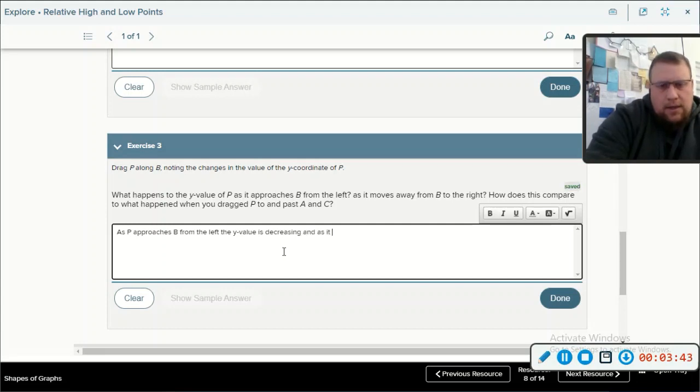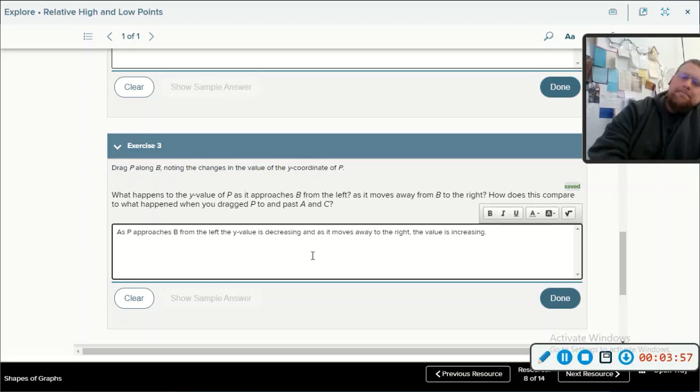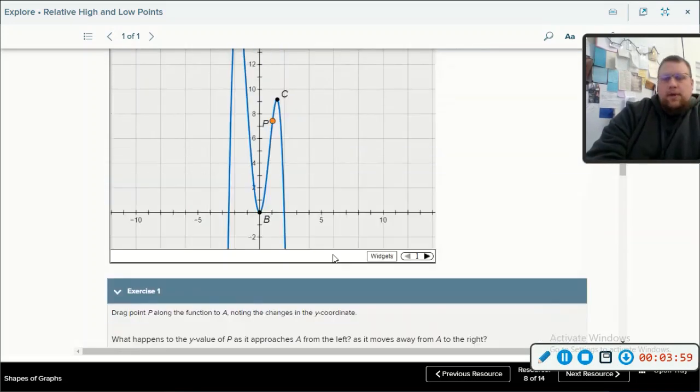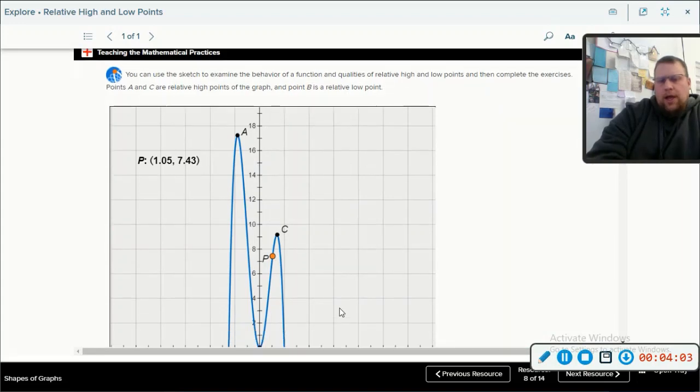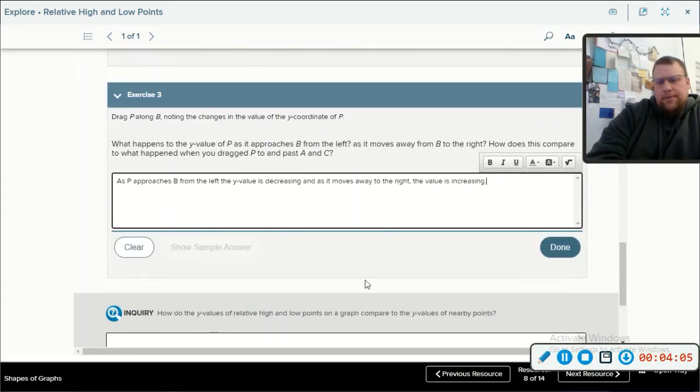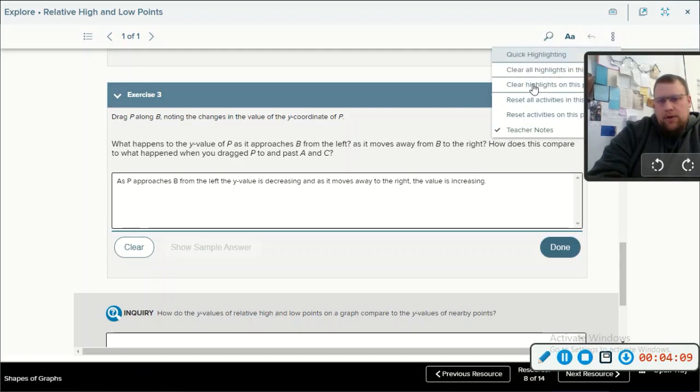And as it moves away to the right, the value is increasing. Awesome. This is how you would answer questions like this, okay? We can kind of see what is happening. You don't need to write all this down. I just want to make sure you understand what's going on here and to answer questions of this nature. All right. I'm going to reset this resource and move on.